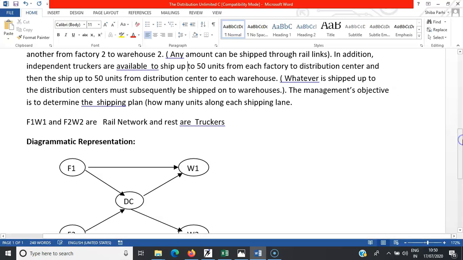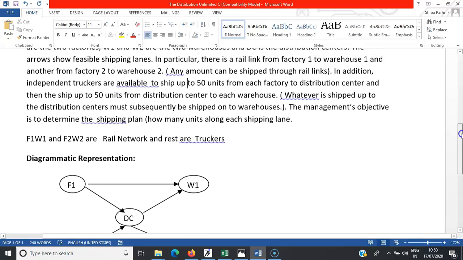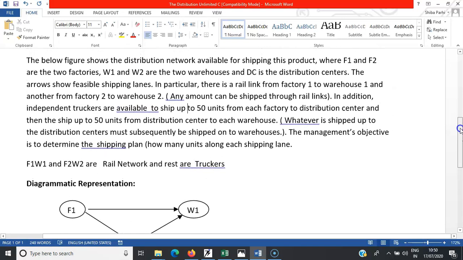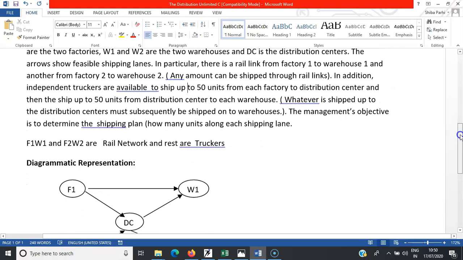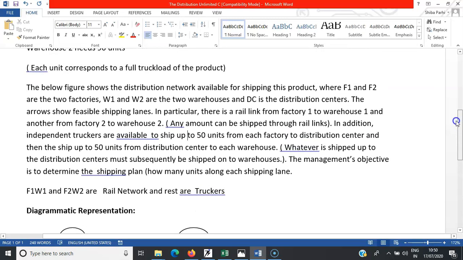Let us see the whole diagram, the constraints, and the cost attached to the different routes. The figure below shows the distribution network available for shipping this product, from F1 and F2 to W1 and W2, and DC is the distribution center. Let us see the diagram attached to this problem.